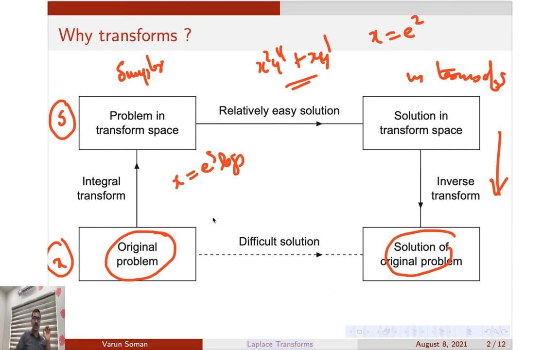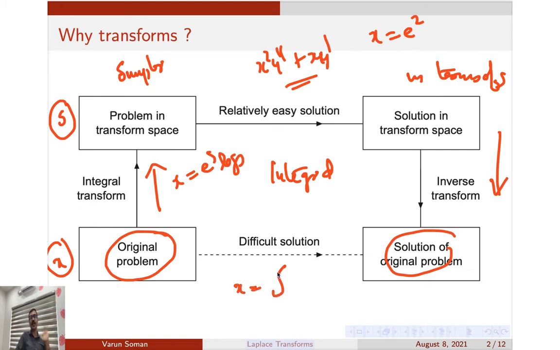You will have an original problem, and you will transform it into a transform space. Basically the Laplace transform and the Fourier transform are integral transforms. That means the function used is an integral. There are many transforms, but the Laplace and Fourier transforms are basically integral transforms. That means the substitution for x will be in terms of some integral.